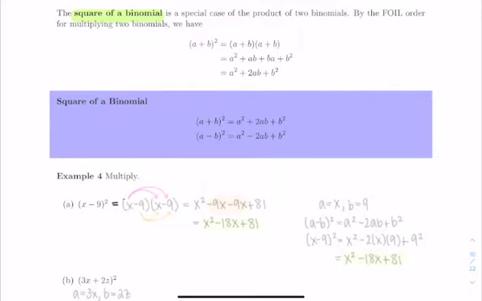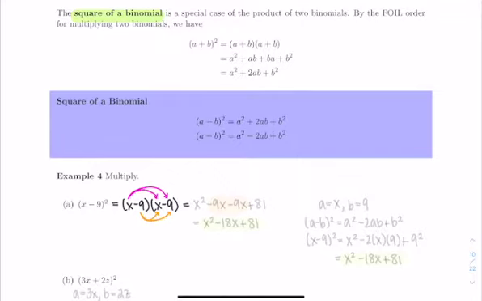X minus 9 squared just means that I have x minus 9 times x minus 9. We are going to distribute the x to both pieces, and then we're going to distribute the negative 9 to both pieces.